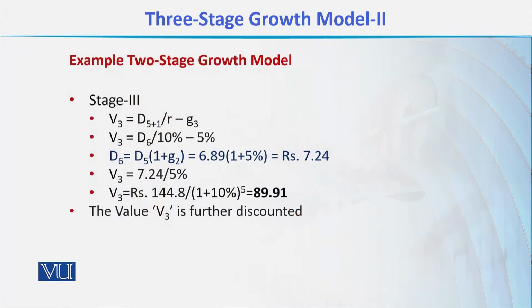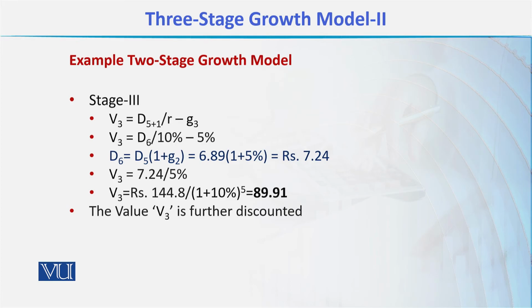In the third stage, we calculate the value by applying the constant growth formula. This formula is applied at the end of the 5th year or at the beginning of the 6th year. So the first step is to calculate the next year's dividend, which in this case will be D6.